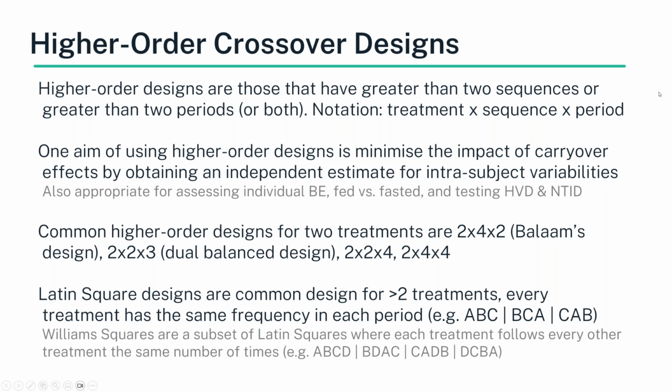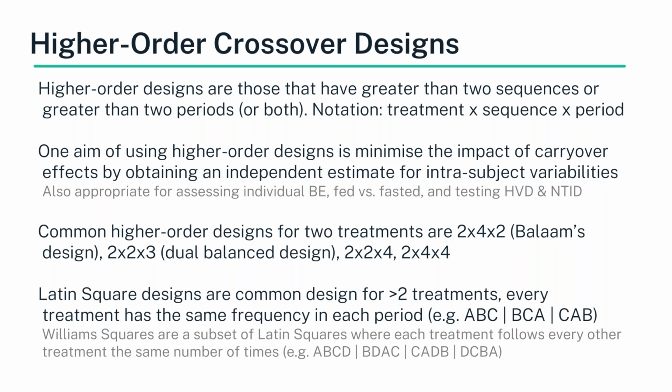So now we are going to come to higher order crossover designs. Higher order designs are those that have greater than two sequences, greater than two periods, or both. The notation commonly used for these is treatments times sequences times periods.